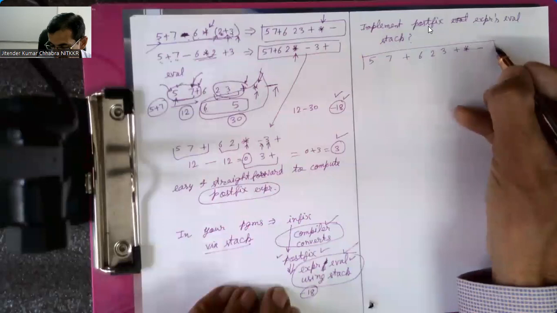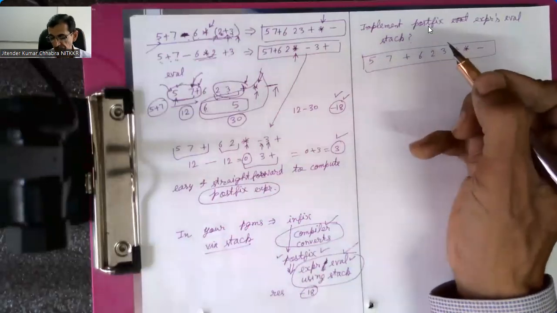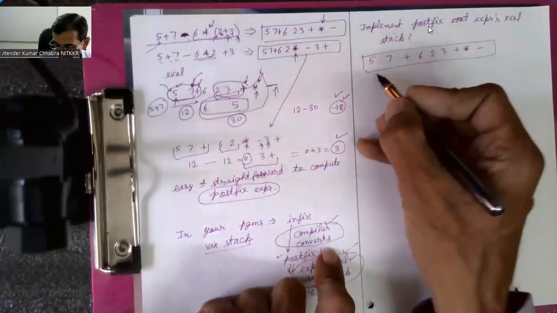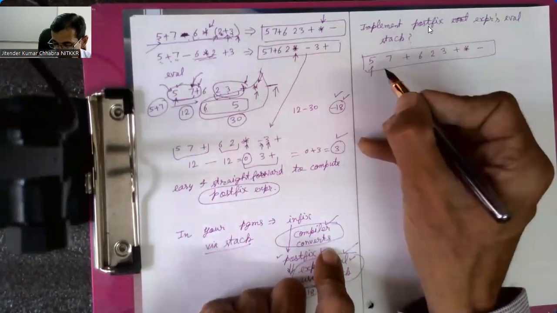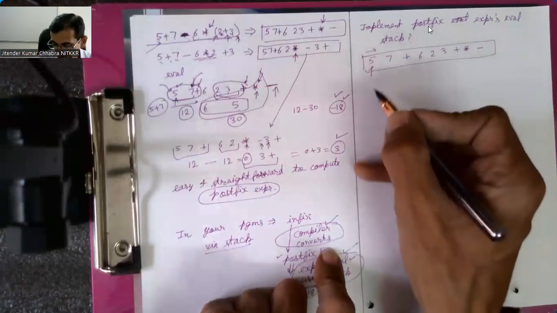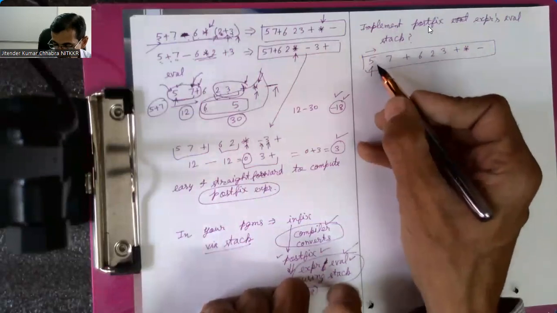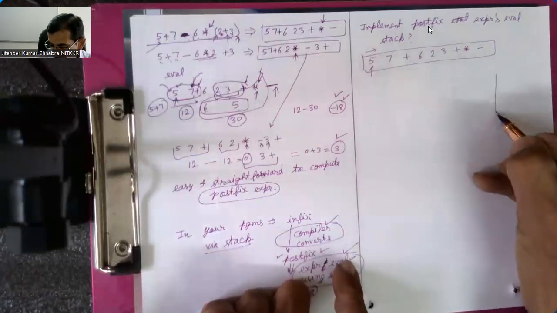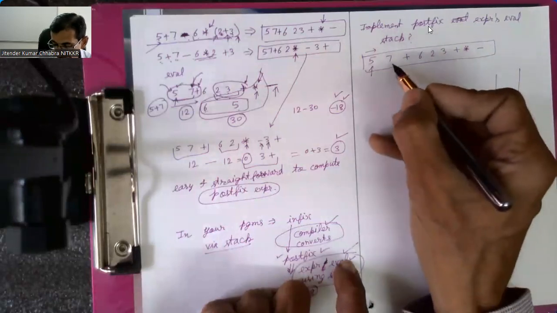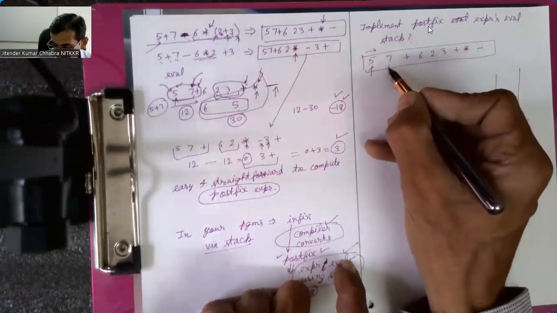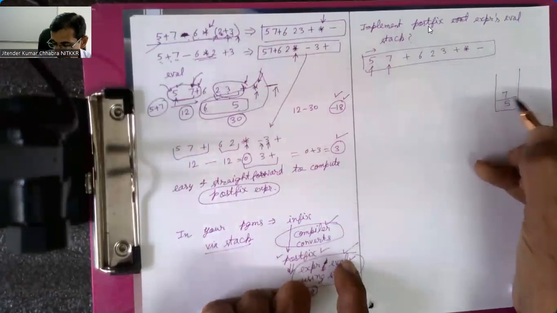This was my expression. Now we will explain how I use my stack. As soon as you start, one by one, if it is an operand, not an operator, I will push it into the stack. Why? We will understand the reason for that. Then comes a 7, I will push into the stack.